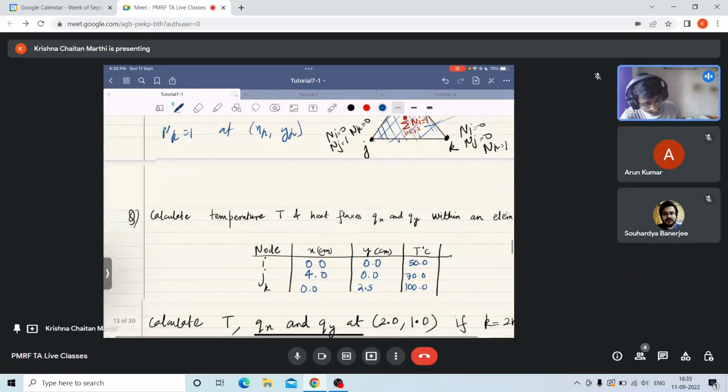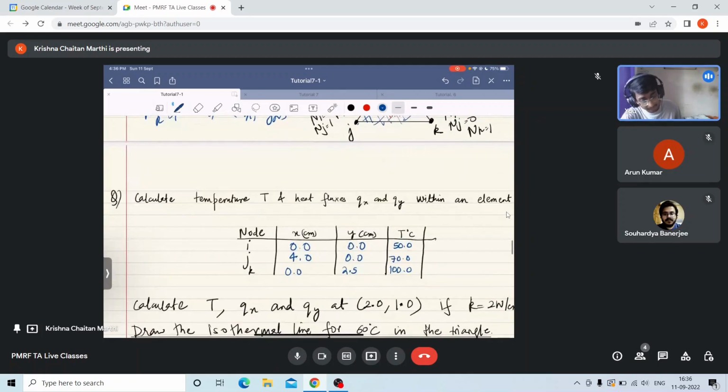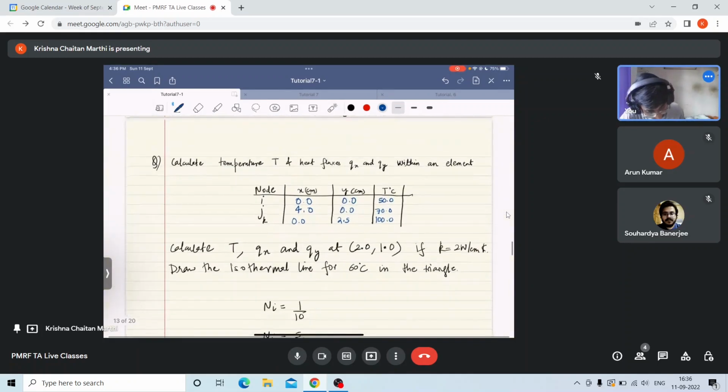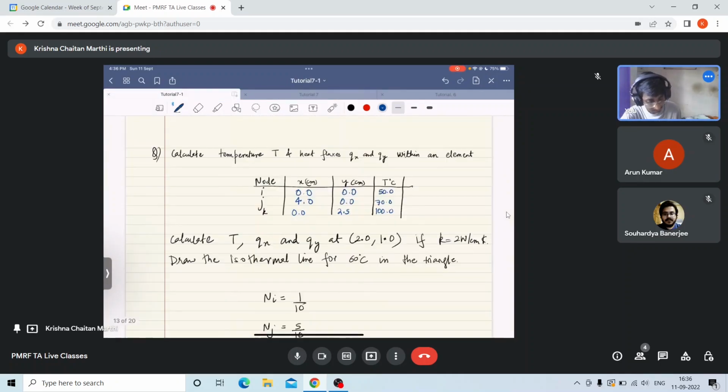Let us look at a problem here also. At the nodes we know the temperature. Calculate temperature T and heat fluxes Qx and Qy within an element.